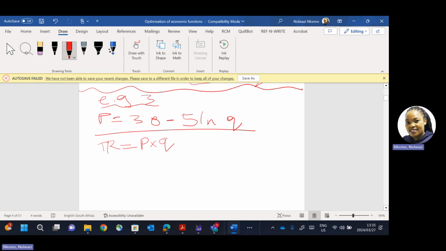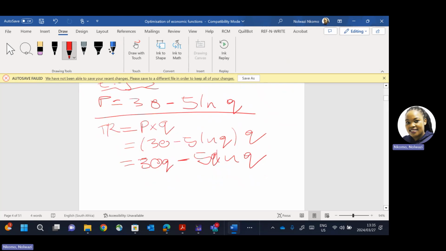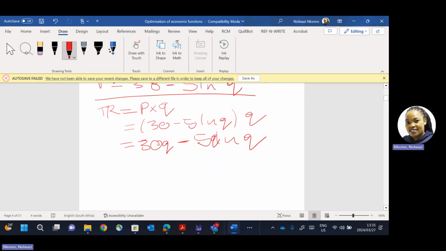Okay, and your demand function is 30 minus 5 ln Q, then times Q. And if you multiply, this is what you'll obtain. 30Q minus 5Q ln Q. Okay, this is what you'll obtain. And this is your total revenue, right?